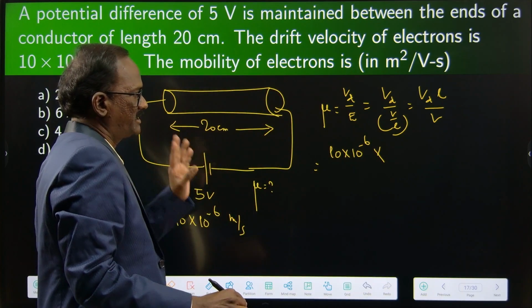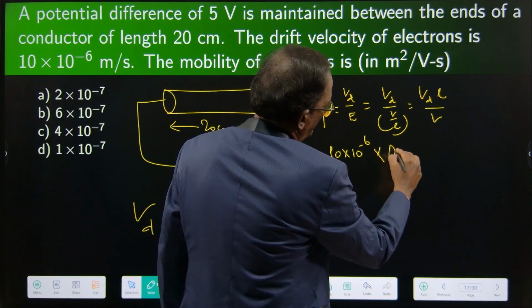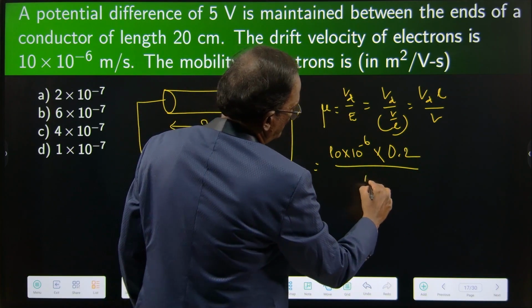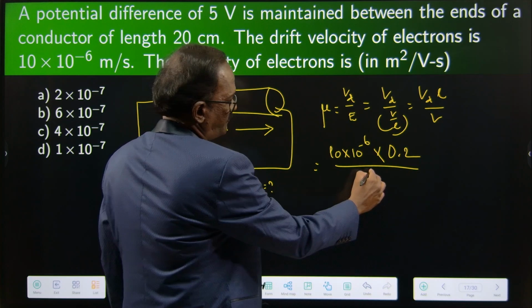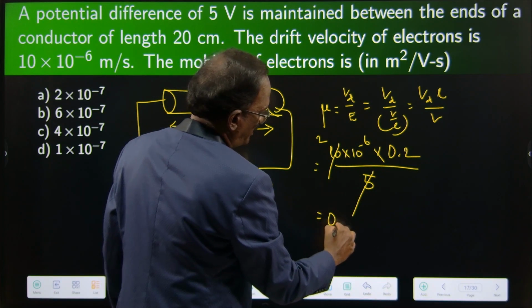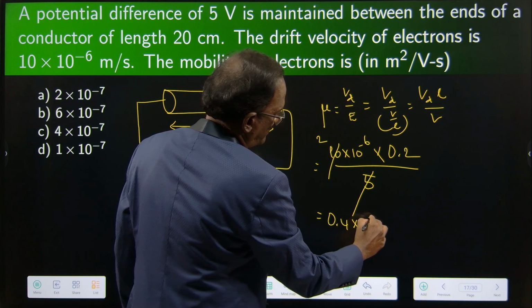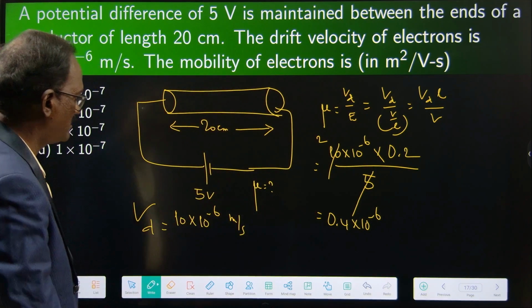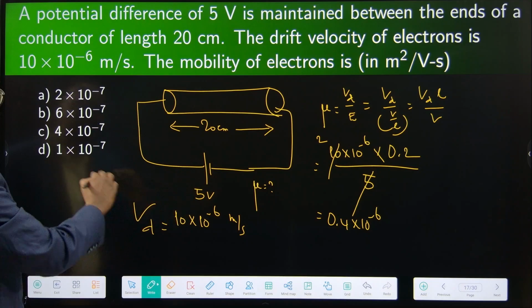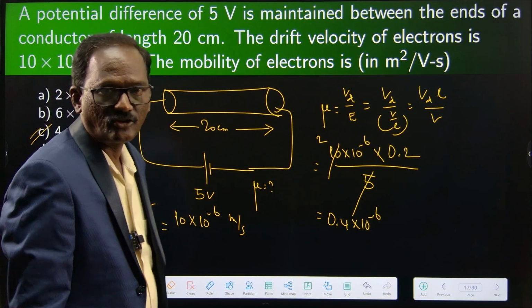Length is 20 centimeter, convert it into meter, 0.2 meter, divided by the applied voltage, 5. So 5 into 2 is 10, 2 into 0.2, 0.4 into 10 to the power of minus 6. This is the answer: 4 into 10 to the power of minus 7.